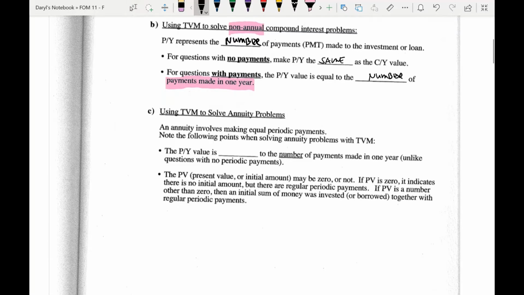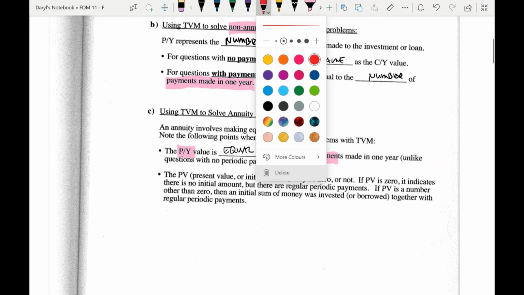Using TVM to solve annuity problems: an annuity involves making equal periodic payments. Note the following points when solving annuity problems with TVM. The PY value is equal to the number of payments made in 1 year.